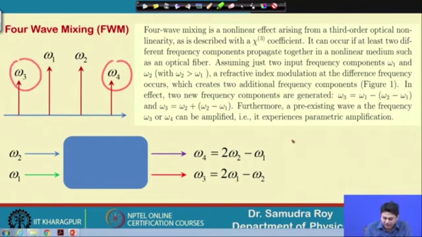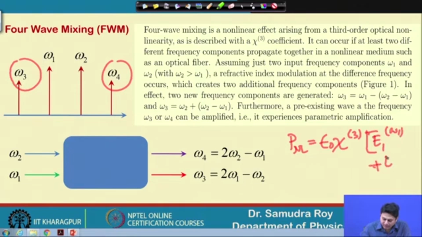So, let us try to understand this. P nonlinear is equal to epsilon 0 chi 3, and two waves are there. That means E 1 at omega 1 plus E 2 at omega 2 is there.